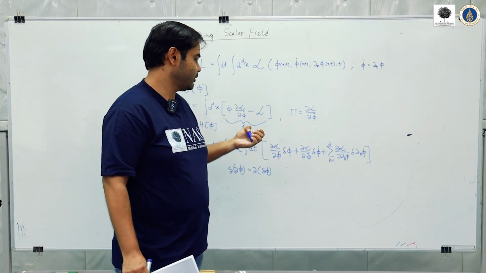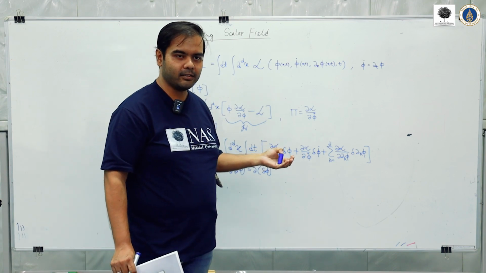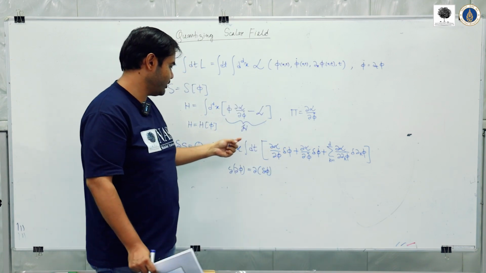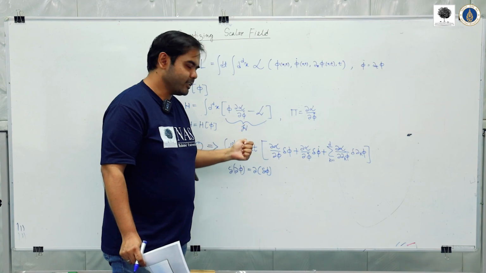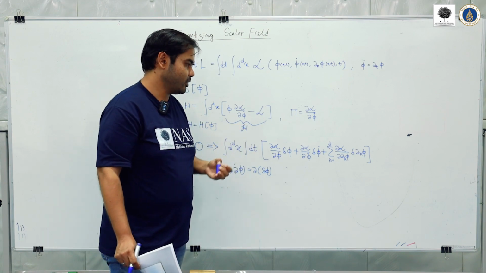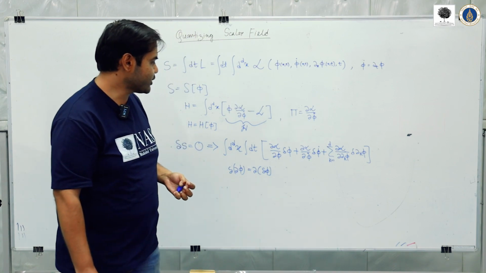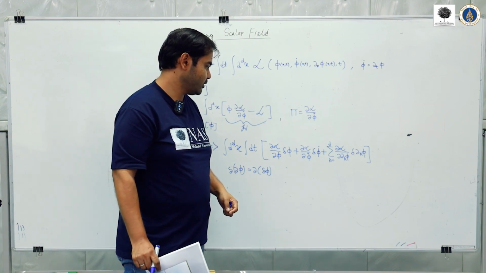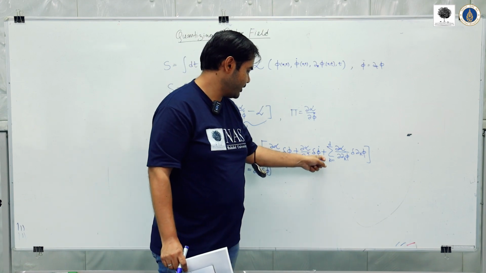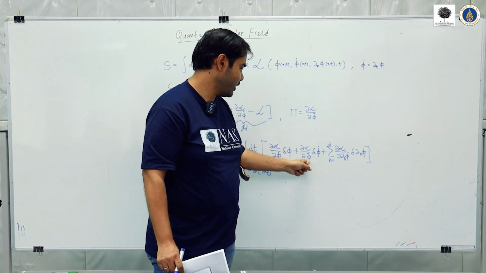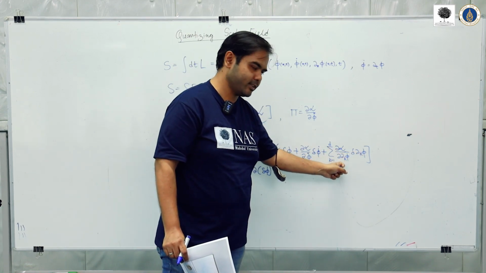And using the concept that the variation of this whole system vanishes at the boundary, which is a core principle of Lagrangian principle, we can shift the total derivative so that the time derivative here moves to this term and the space derivative here moves to this term.